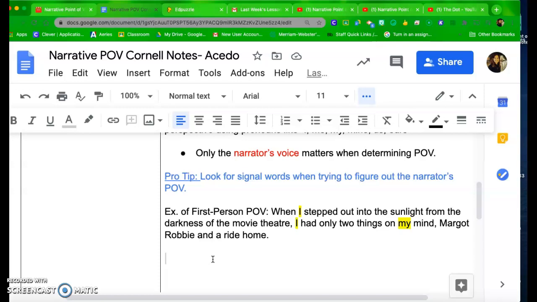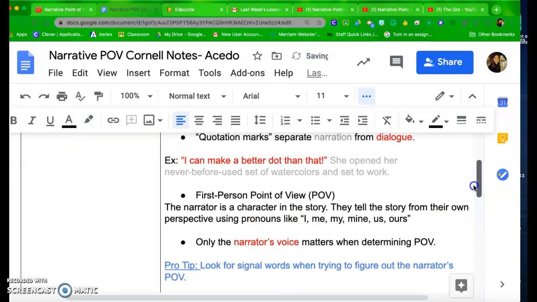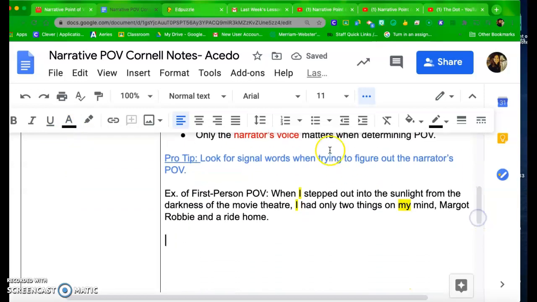Less common is second-person point of view. So I'll make a new bullet. Second-person point of view. In this point of view, the narrator speaks directly to you, the reader.